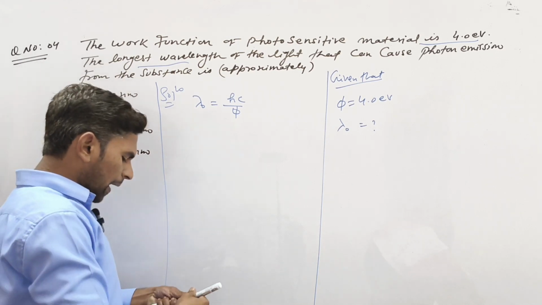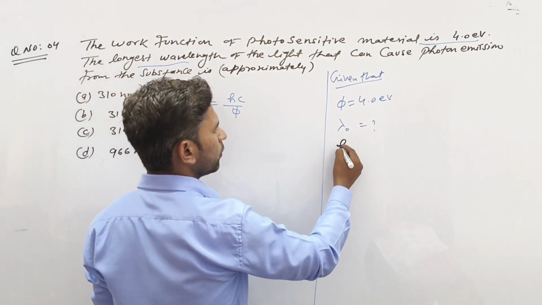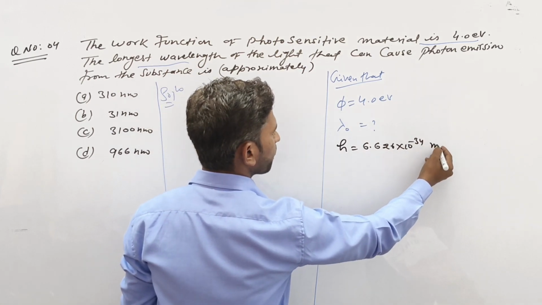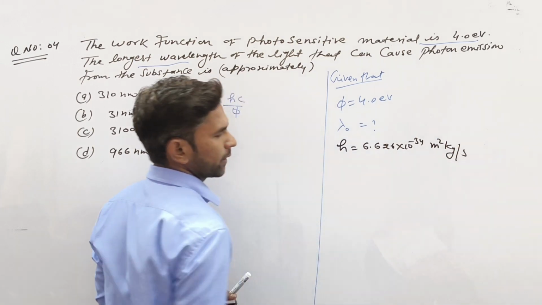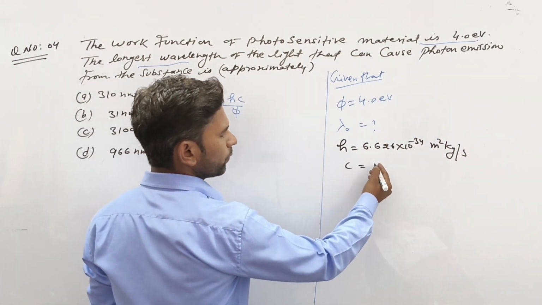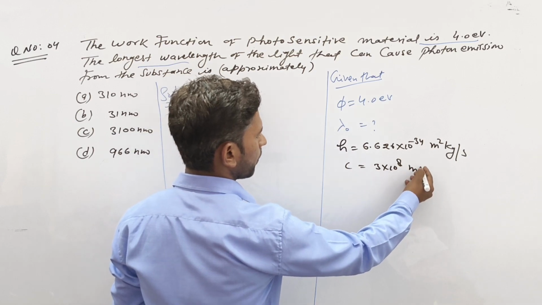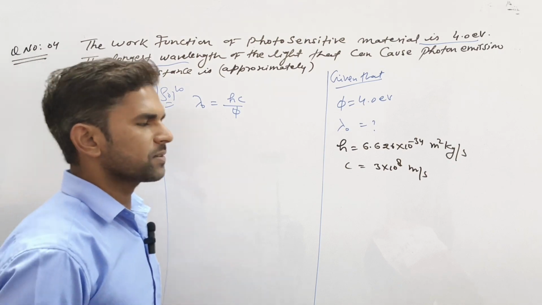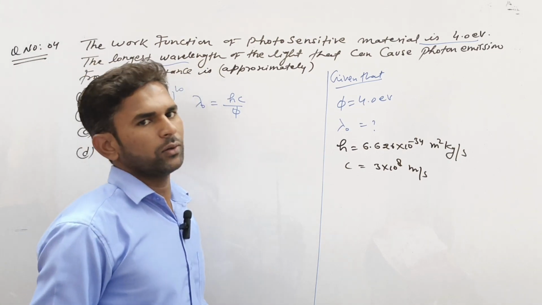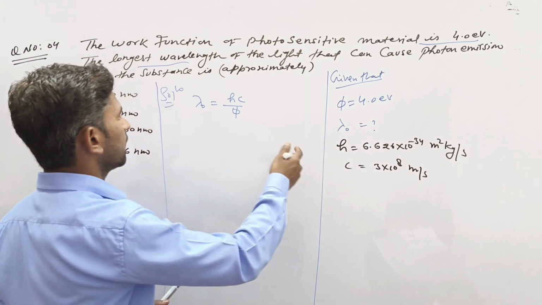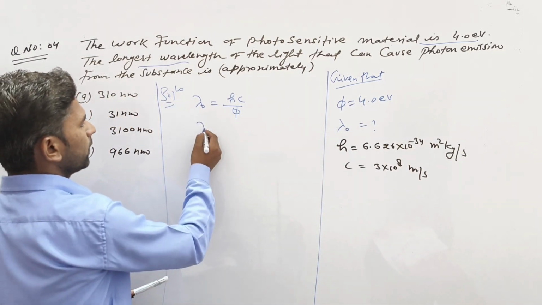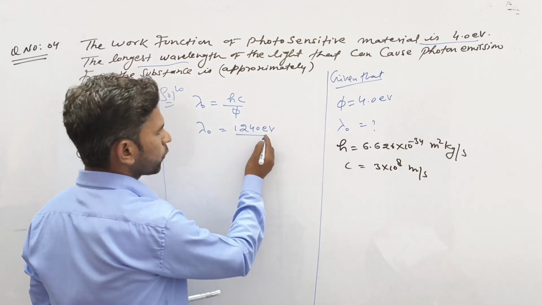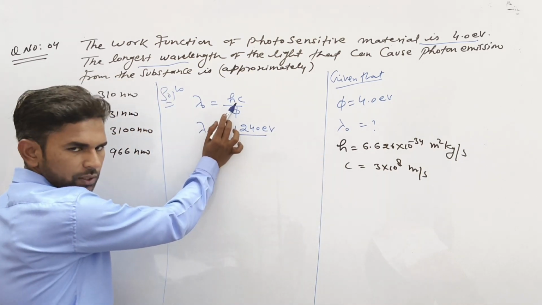Planck constant h is 6.626 times 10 power minus 34 meter square kg per second, and c is 3 into 10 power 8 meter per second. When you multiply h and c and convert into electron volt, you get 1240 electron volt nanometer as the value of hc.